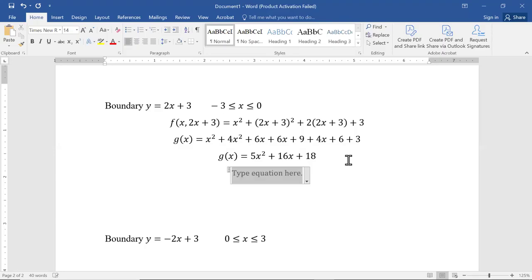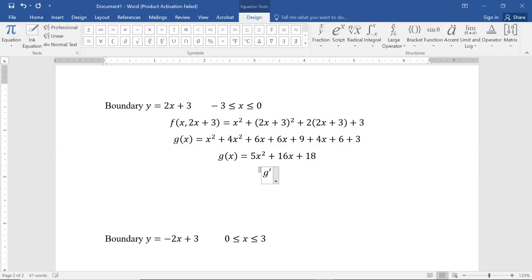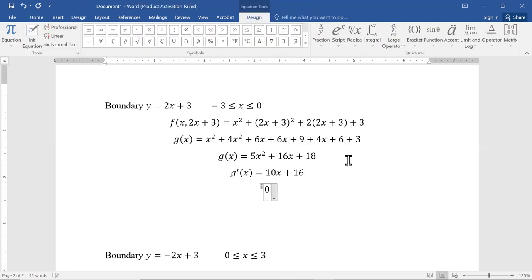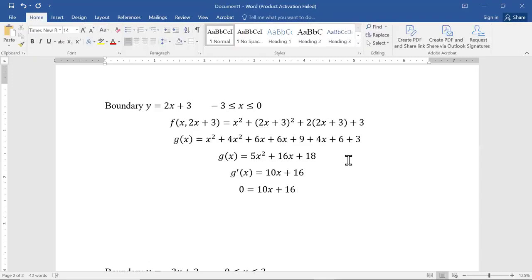If I want to find critical values of that, I take the derivative, I set it equal to 0, and solve for x.